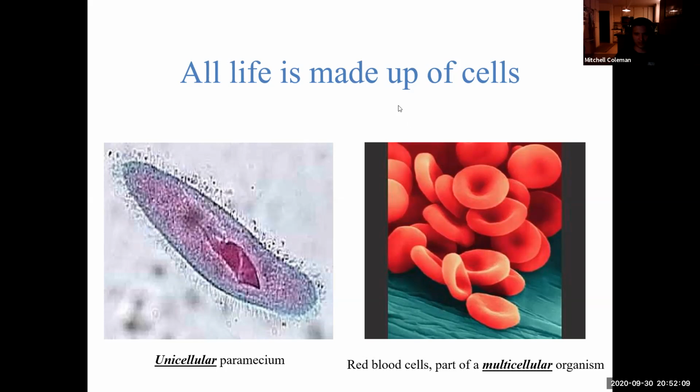Okay, so all life is made up of cells. Organisms can either be unicellular, which is one cell big, or a multicellular organism, which is on the order of thousands to trillions of cells. Okay. So, from literally one to trillions, this is quite broad.